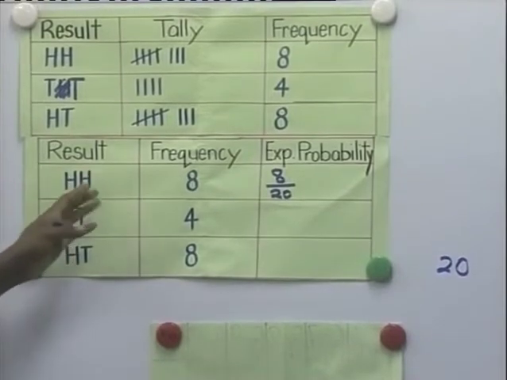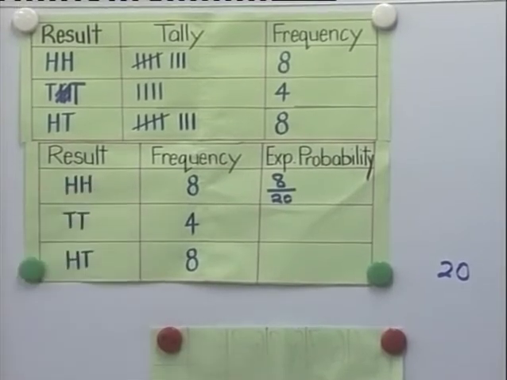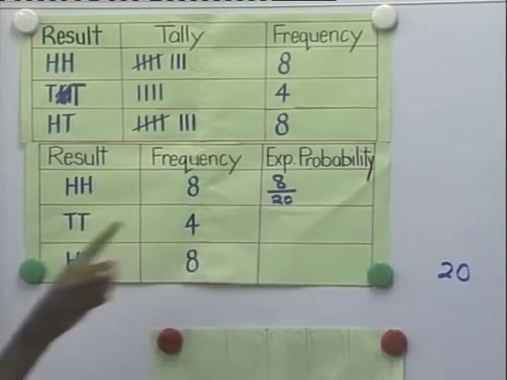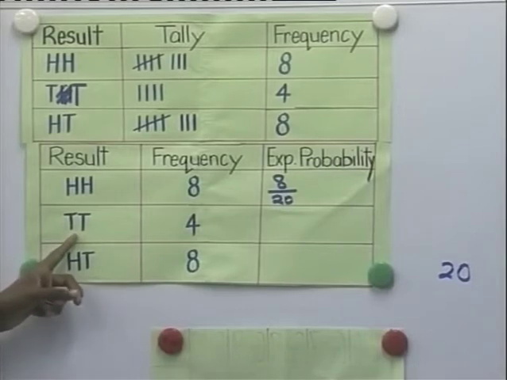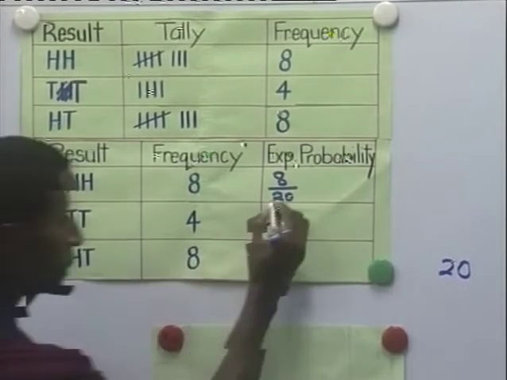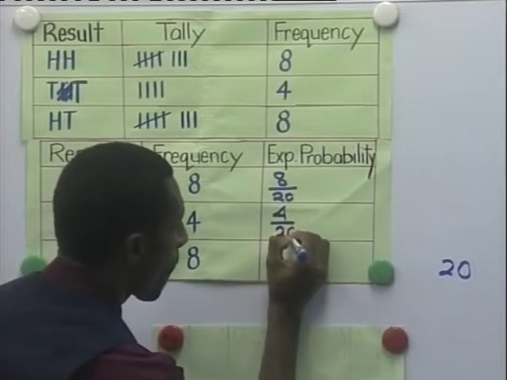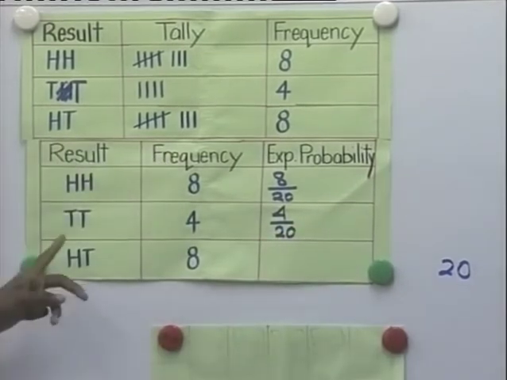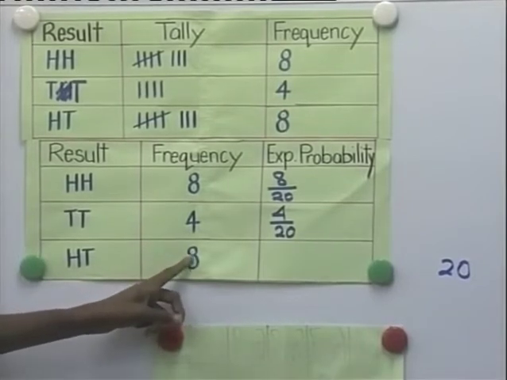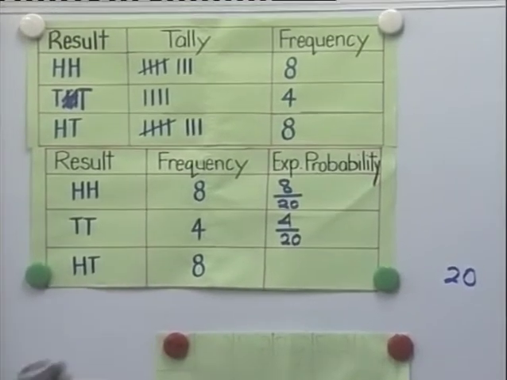Tail-tail, what is the probability? It is 4 over 20. Head-tail, the result was 8 times. So what is the probability? 8 over 20.